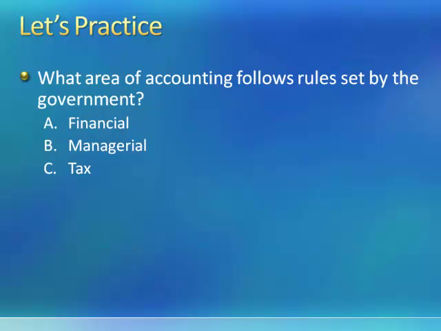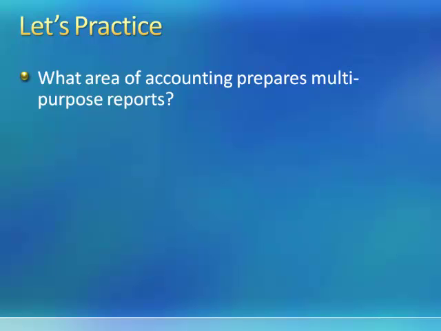Financial accounting is based on rules, but those rules are not prepared by the government. In our next module, we'll learn a little bit more about where rules for preparing financial reports come from. But tax accounting, the rules are determined by the government. So the correct answer to this question is answer C. Tax accounting has rules that are set by the government.